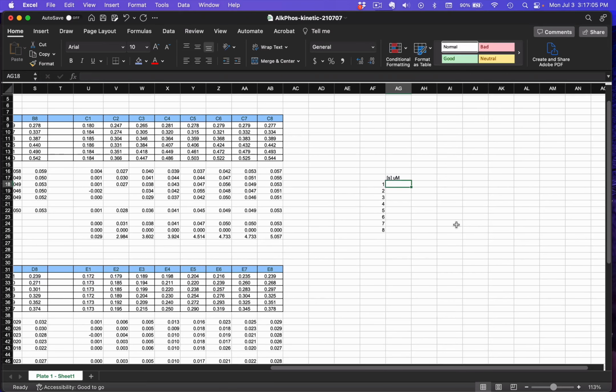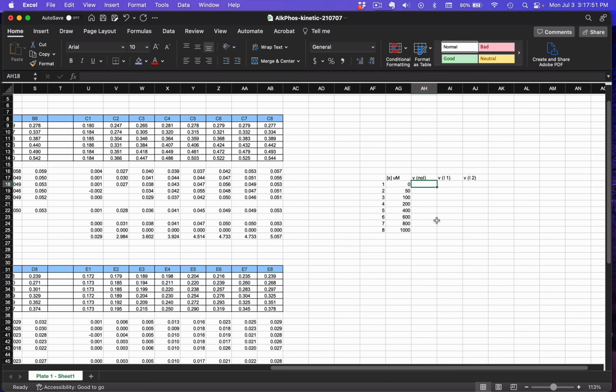So we've got 0, 50, 100, 200, 400, 600, 800, and 1,000 micromolar. And then our velocity, and I'm just going to put no inhibitor here, and velocity inhibitor 1, and velocity inhibitor 2.